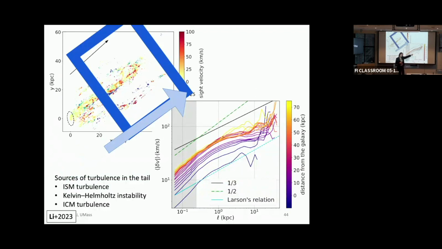But this quickly grows, right? And saturates at some point. Based on my back-of-the-envelope calculation, the growth amplitude and growth time are consistent with what you would expect from the growth and saturation of Kelvin-Helmholtz instability for a magnetized plasma.